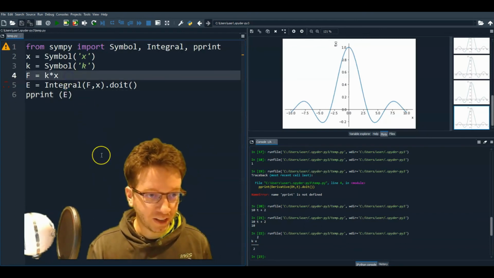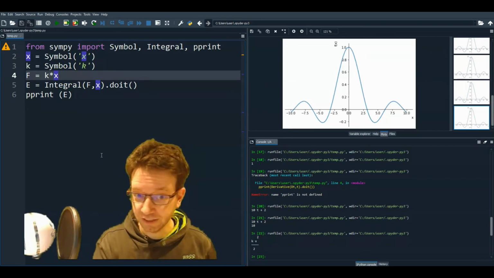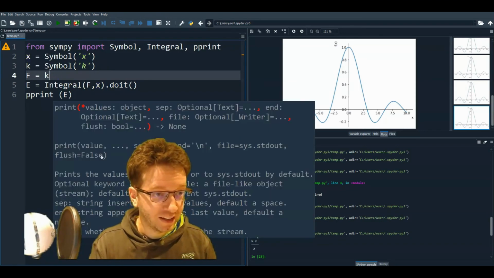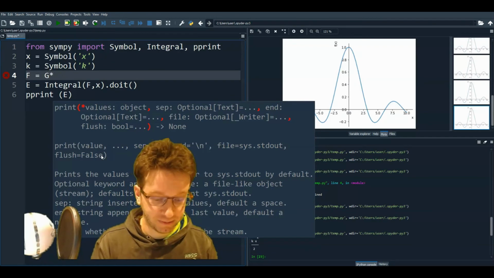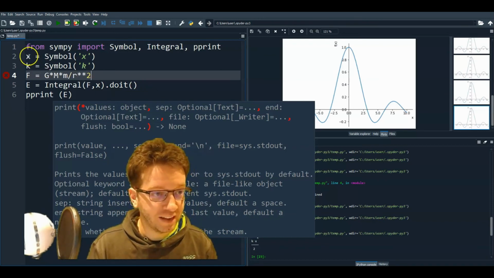We can do this with lots of things. For example, a universal gravitational attraction, right? Newton's universal law of gravity. That equals G times big M times small m divided by r squared. Okay, so I'm going to have different symbols here.